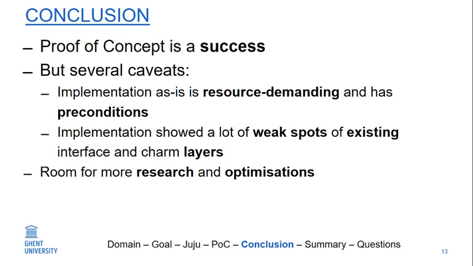On the other hand, if one application is in need of 10 databases, then you will need 10 atomic generic database services. That might be something you don't want. Also, the implementation that I created in the atomic generic database service showed a lot of weak spots, more or less feature requirements that I needed in existing interfaces, right?